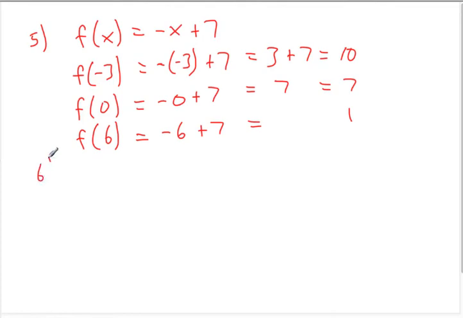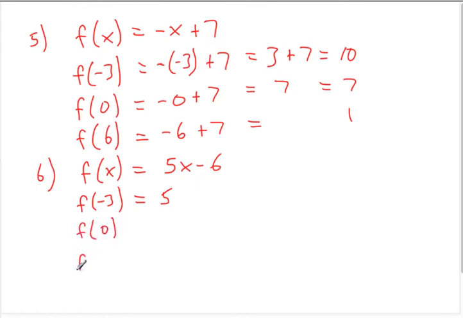For number 6, we have f of x equals 5x minus 6. So now we're going to plug in the same stuff. We're going to go f of negative 3, f of 0, f of 6 again.